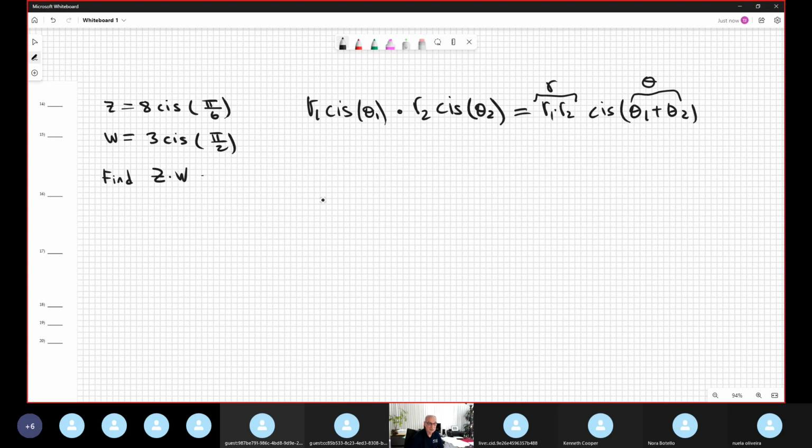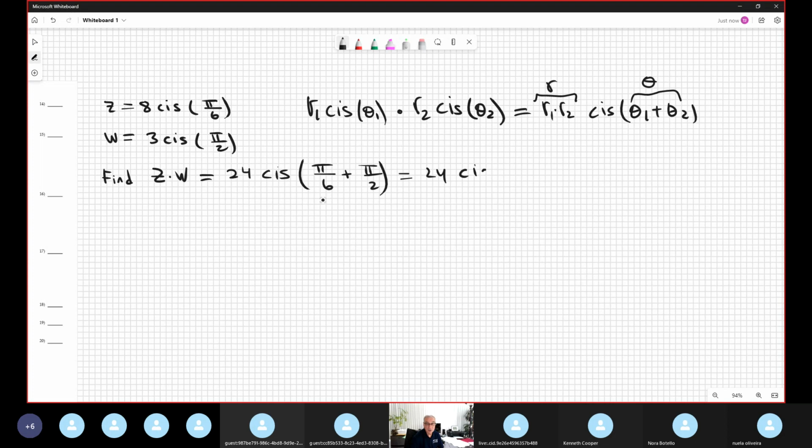So it's super easy. It's multiplication. This one times this one gets 24 (cosine + i sine), and you add pi over 6 plus pi over 2.